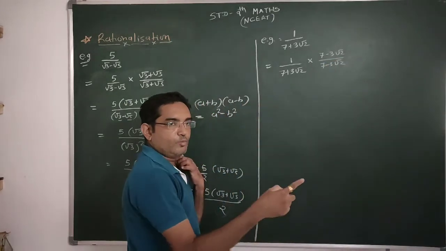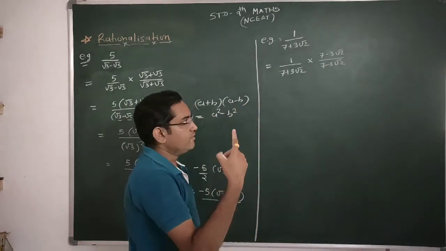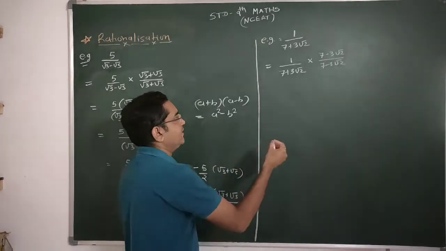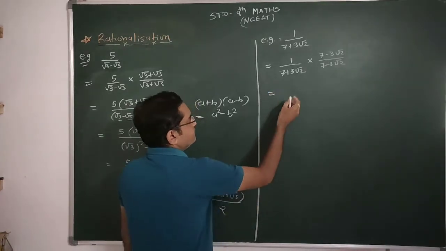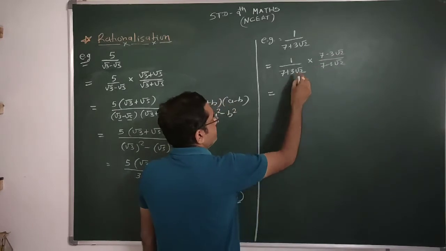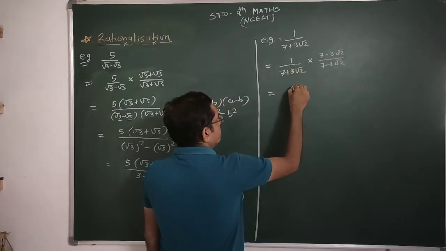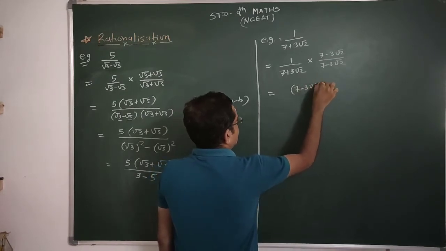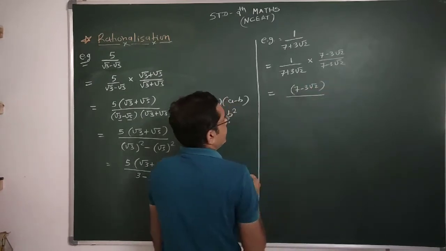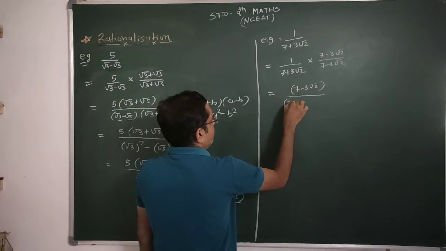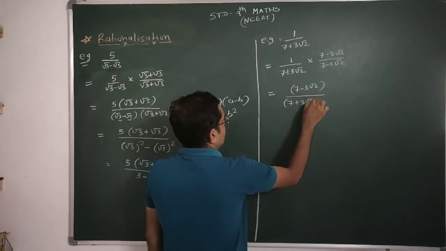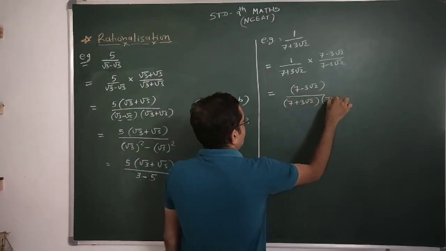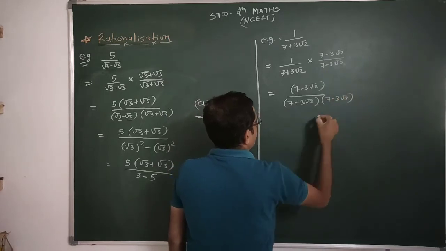You have to multiply numerator and denominator with the same rationalization factor. Clear? Now the numerator is 1 into the entire number, so it's 7 minus 3 root 2, divided by 7 plus 3 root 2 into 7 minus 3 root 2.